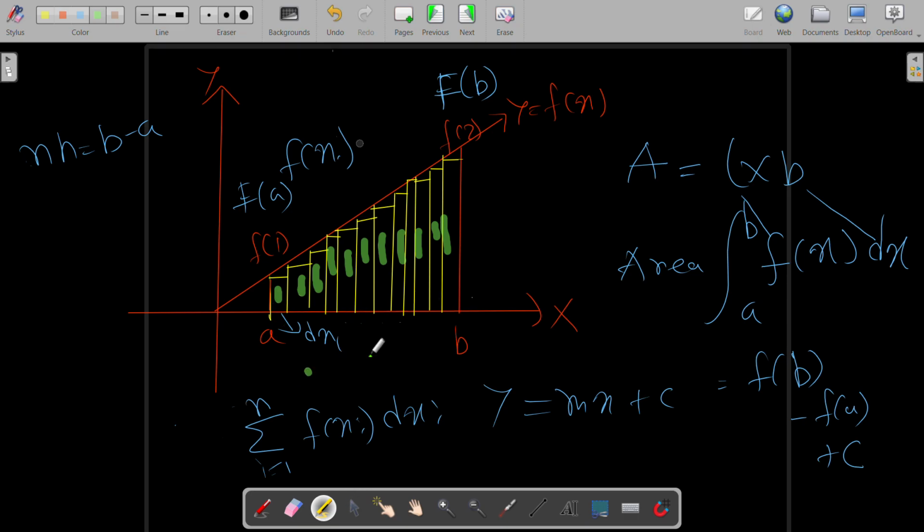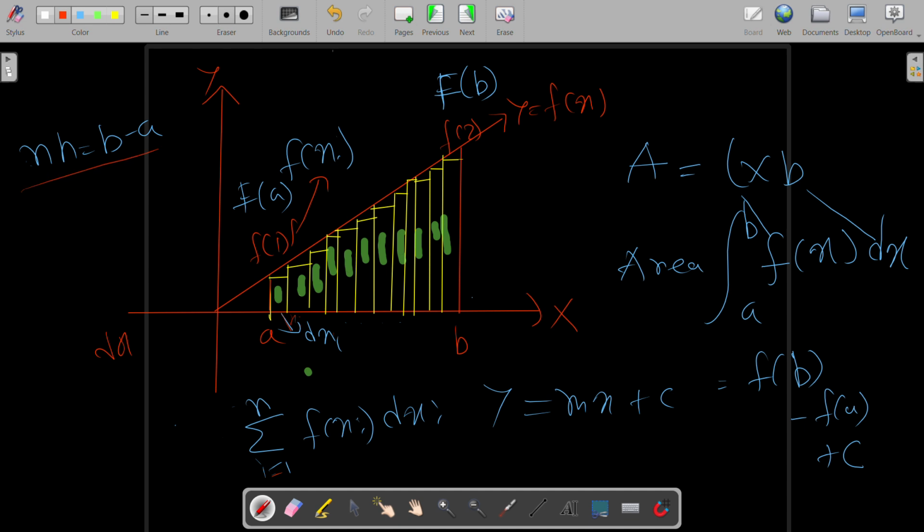All these small distances we denoted previously as dx. So all dx size, and the functional value at each xi is f(xi). So the formula will be the summation, running from i equals 1 to n, of f(xi) dxi.